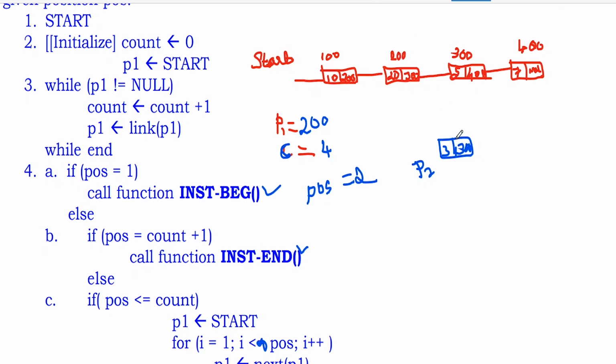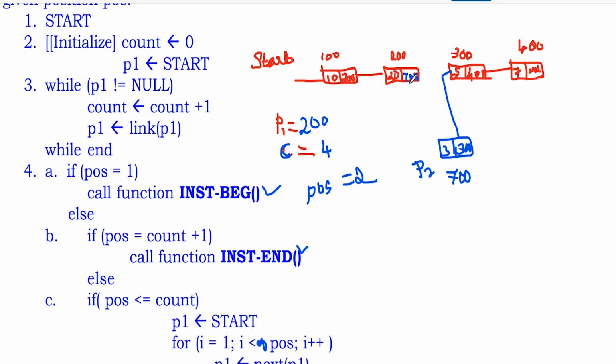This breaks the old relation and establishes a new one. And if the new node's address is, for example, 700, we write 700 in the link of P1.